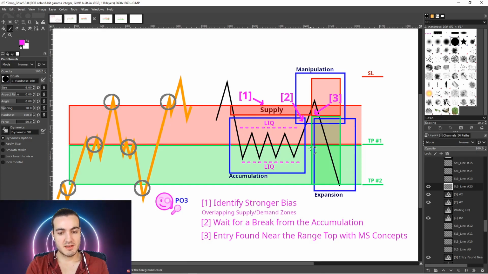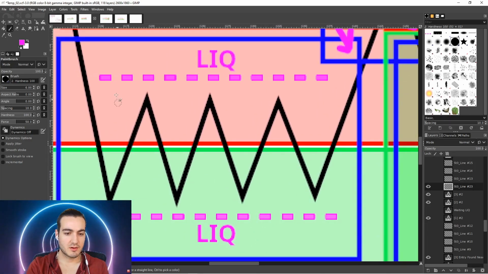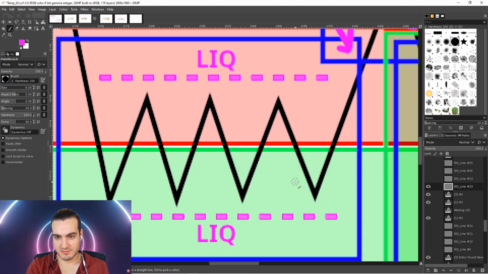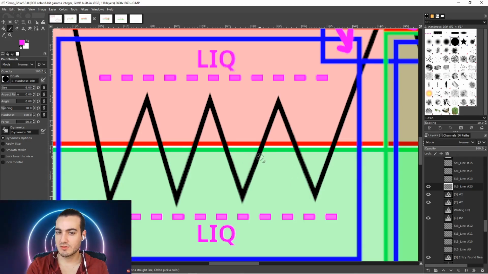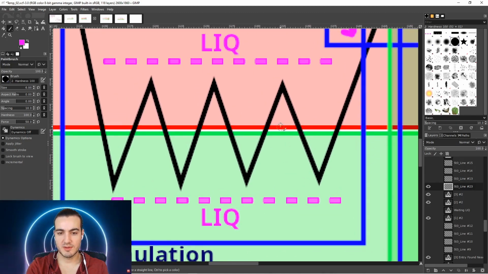So the basic idea is we are kind of in a range within a range. So our goal is to determine what the stronger bias is, or what the stronger pull is. Are we going to be pulled down, or are we going to be pulled up?